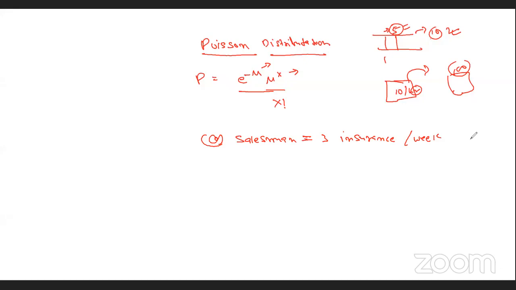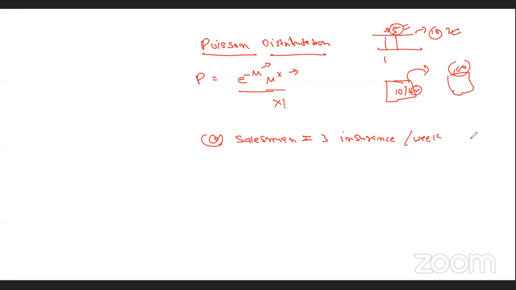Now, what is the probability that in the current week he will be able to sell two or more than two policies?